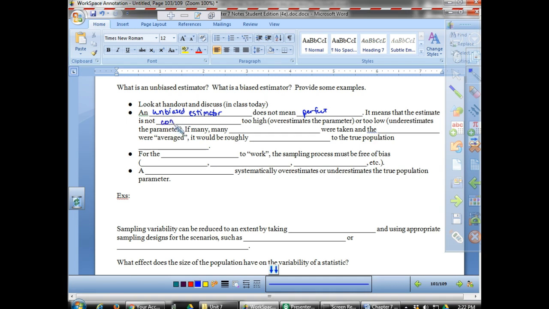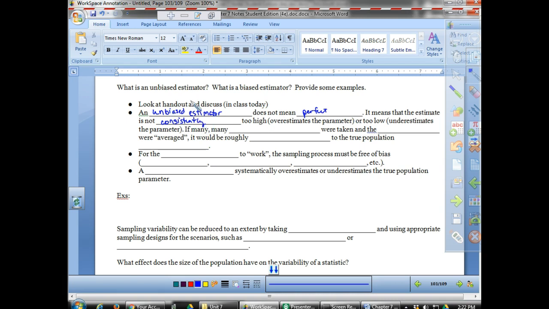And I'm going to say consistently here. So we're going to explore this with our German tanks. Some of the formulas you came up with are going to consistently overestimate the true number of tanks. Some of your formulas are going to consistently underestimate the true number of tanks. So that's what we're talking about here. If it's a systematic bias where it's always too high or always too low, that is a biased estimator.